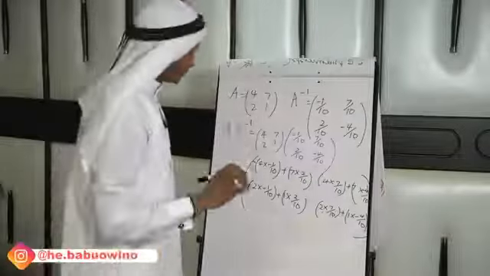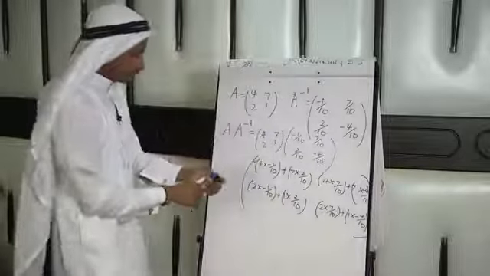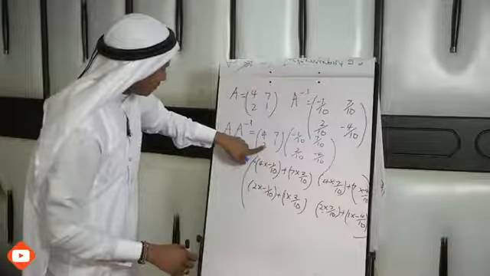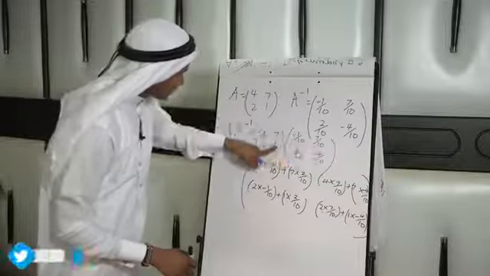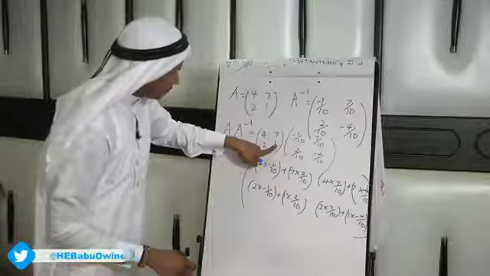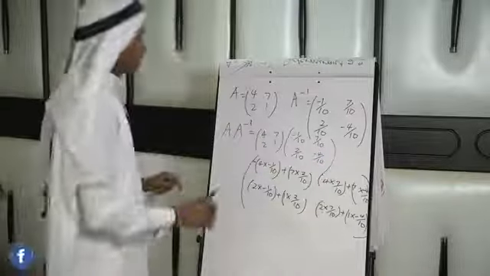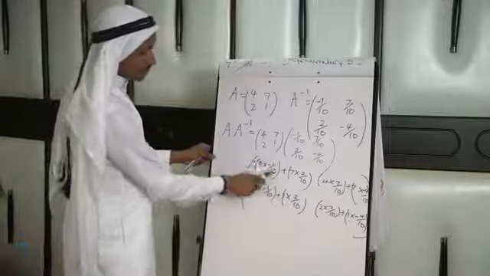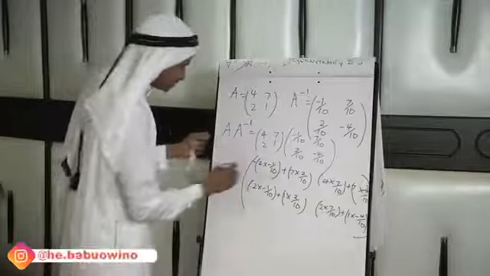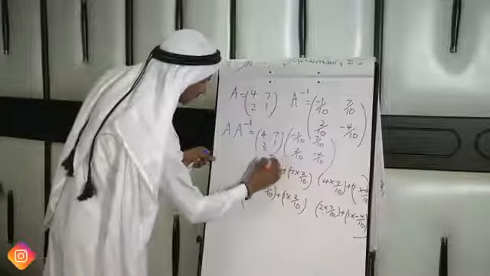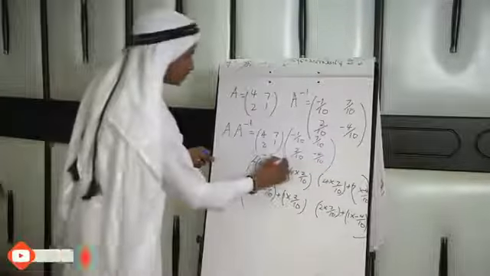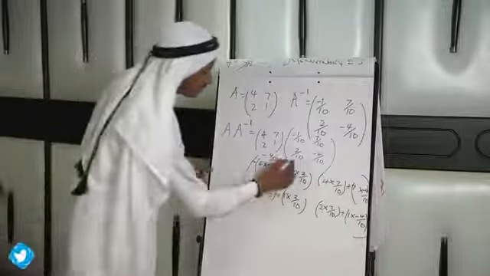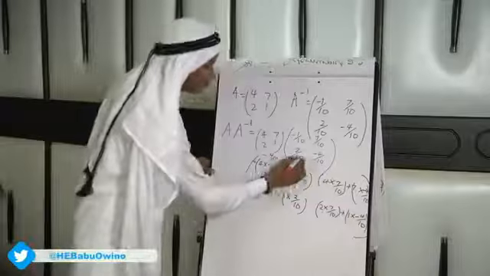So from here, we have 4 times minus 1 over 10, which is minus 4 over 10, plus 7 times 2 over 10, which is 14 over 10.